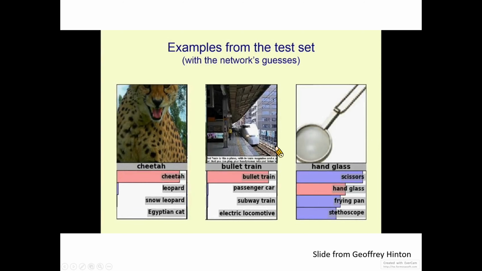And also in this one, the algorithm can identify this is a bullet train and not a passenger car or subway train or electric locomotive. But to do this, we really need lots of human work to label each image as one of the known classes.